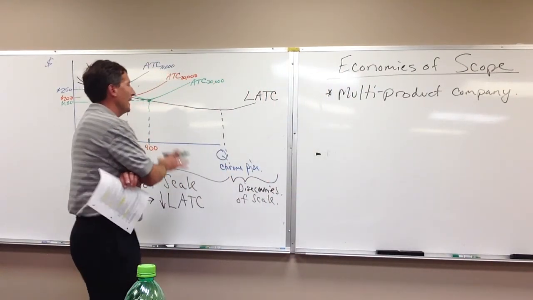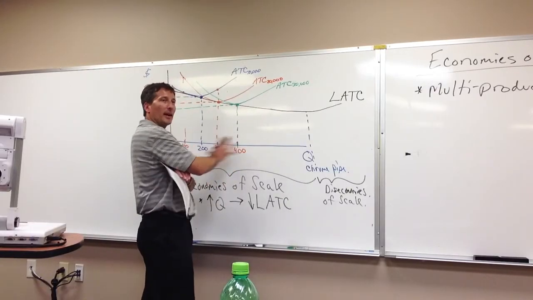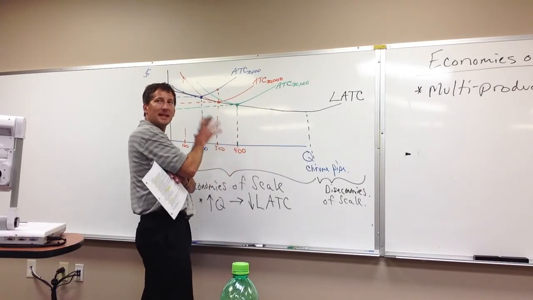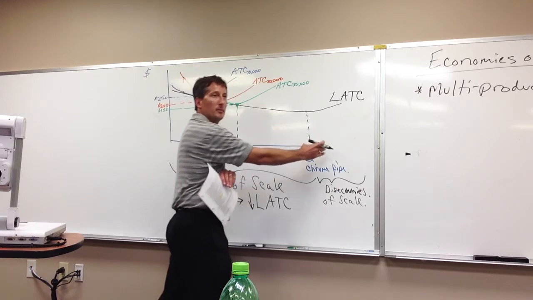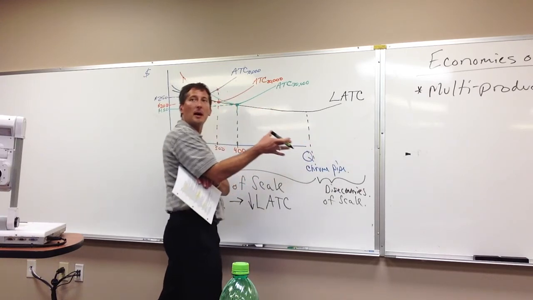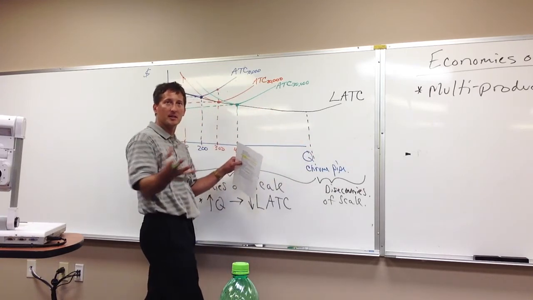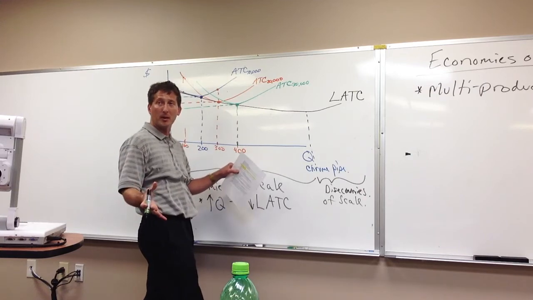So it's kind of similar to what's going on here, but instead of thinking in terms of volume of one good, we're going to think about multiple products and spreading overhead costs over multiple products.